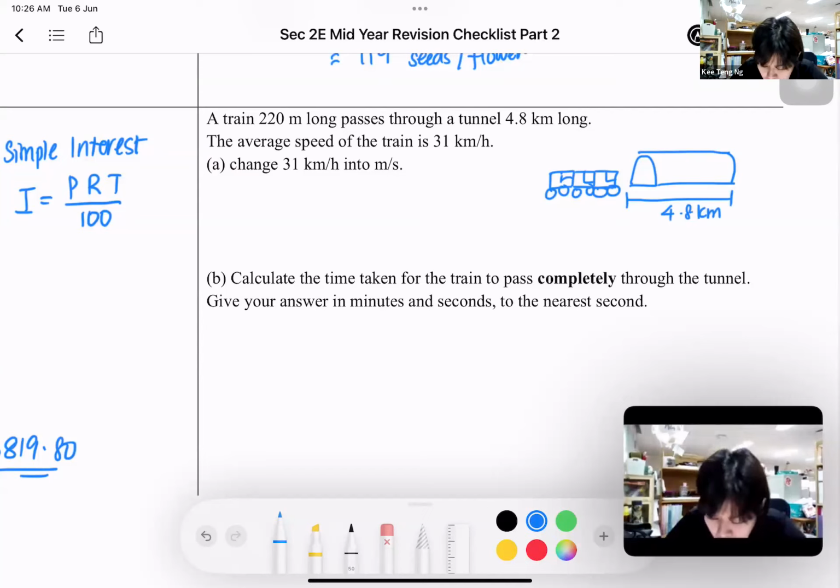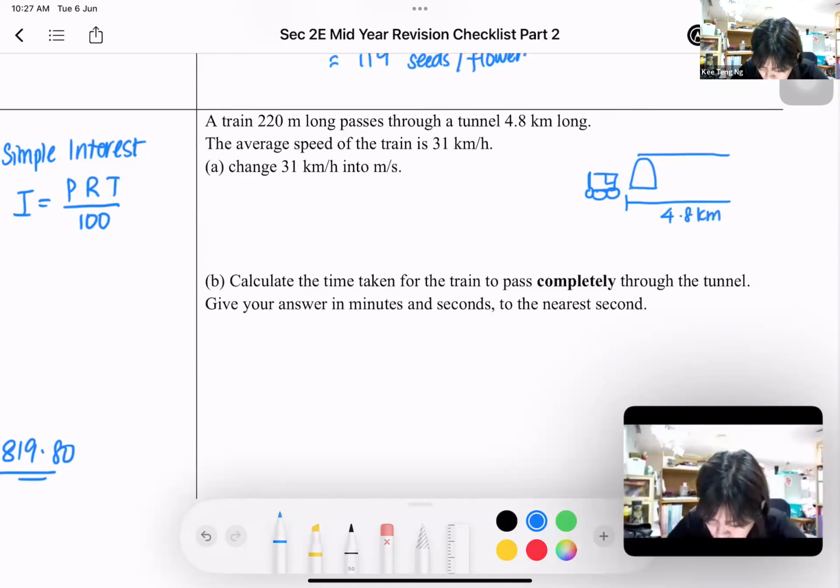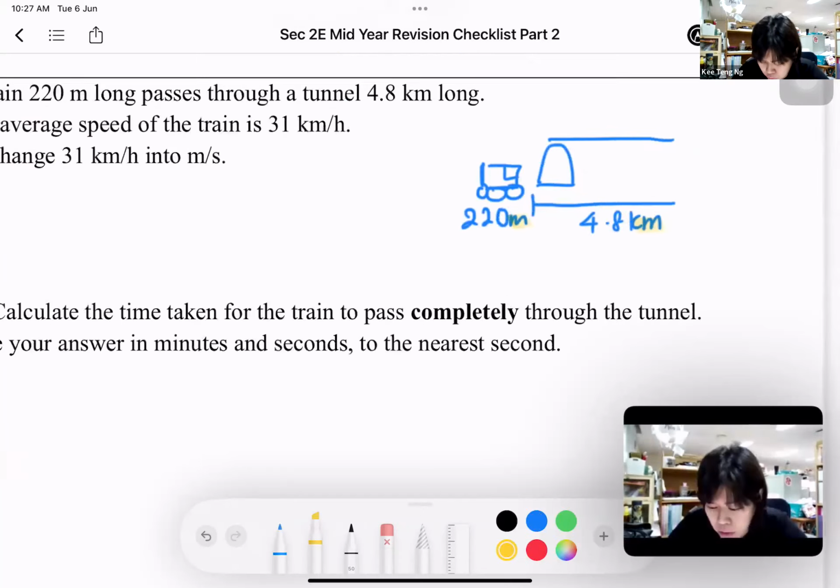My tunnel looks a bit too short and my train looks a bit too big, so I make my train smaller. My train is 220 meters. Notice the units here are different, so we might need to change the units.